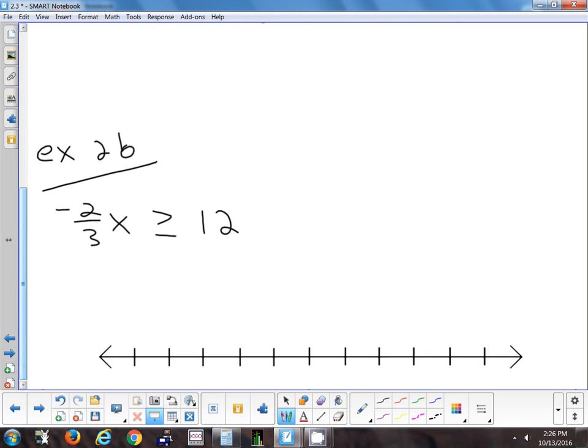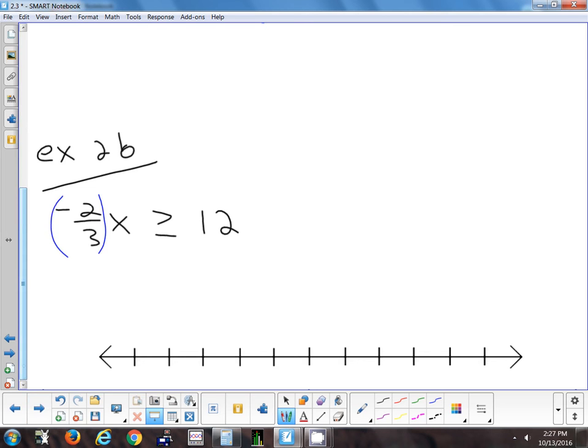All right, you know what? This one's a little tricky, so we might want to do this one together. What kind of number do I have in front of x? First of all, it's a negative, and what other kind of number? It's a fraction. Okay? Does anybody remember when you have a fraction in front of a letter, you multiply both sides by something, and it gets rid of the 2 and the 3 at the same time?